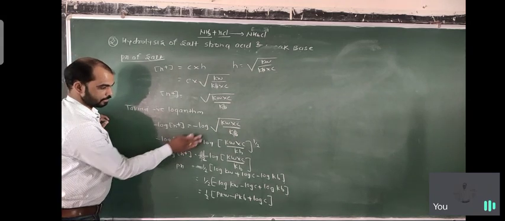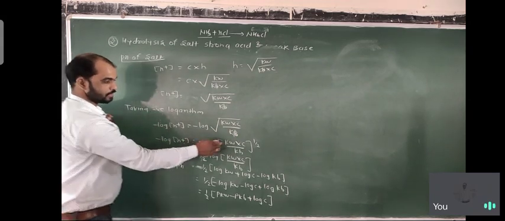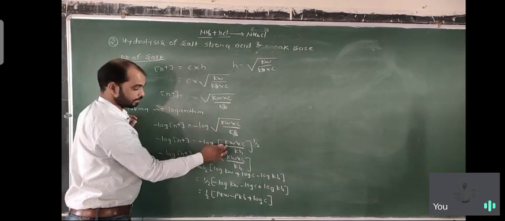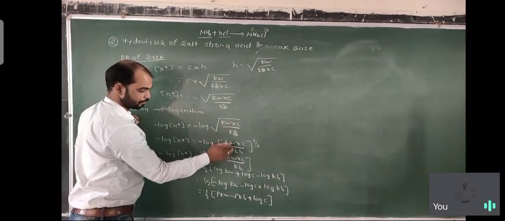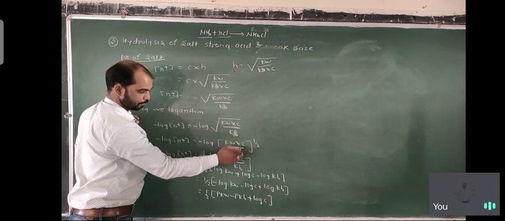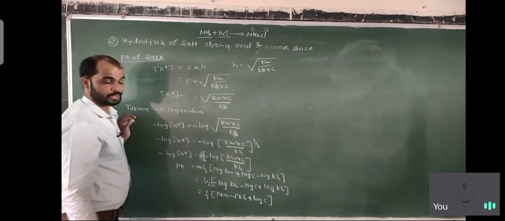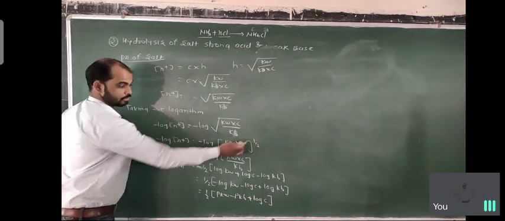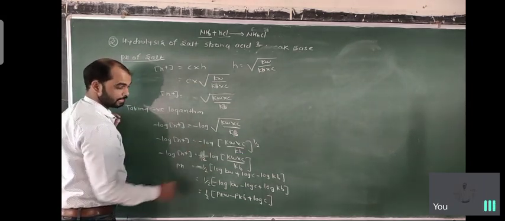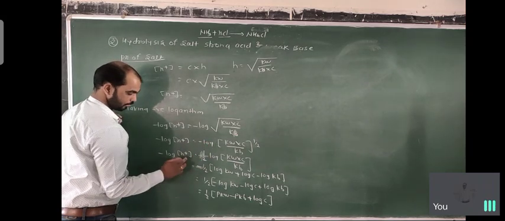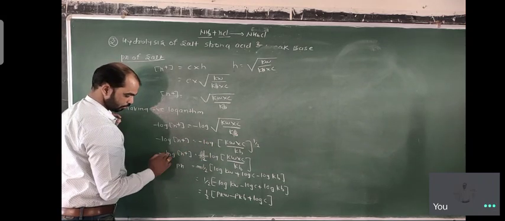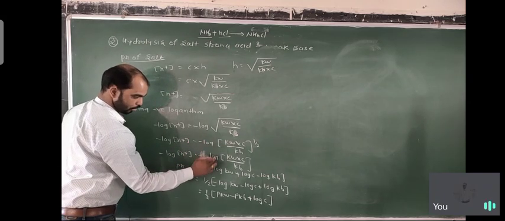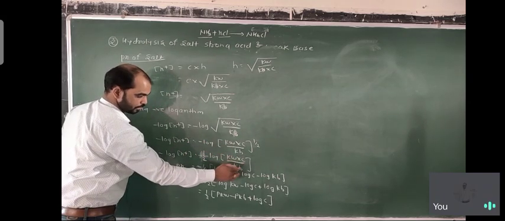In the next step, we remove the under root by putting it in a square bracket, so it comes as KW into C upon KB with power 1/2. Taking this outside the square bracket, minus log of H plus is equal to minus 1/2 log of KW into C upon KB.